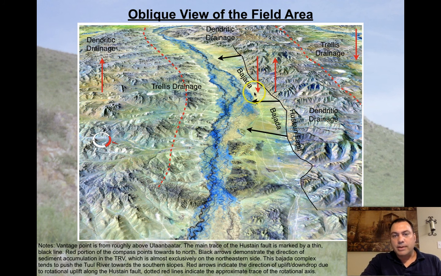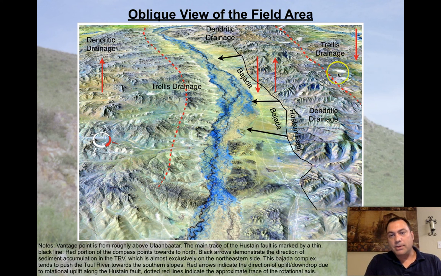Here's the up, here's the down, and we form something called a bajada, these interwoven alluvial fans that are coming through and covering very rapidly the northern portion of the Tuul River Valley and forcing the stream down to the south to hug the trellis drainage pattern along the southern portion of that valley.